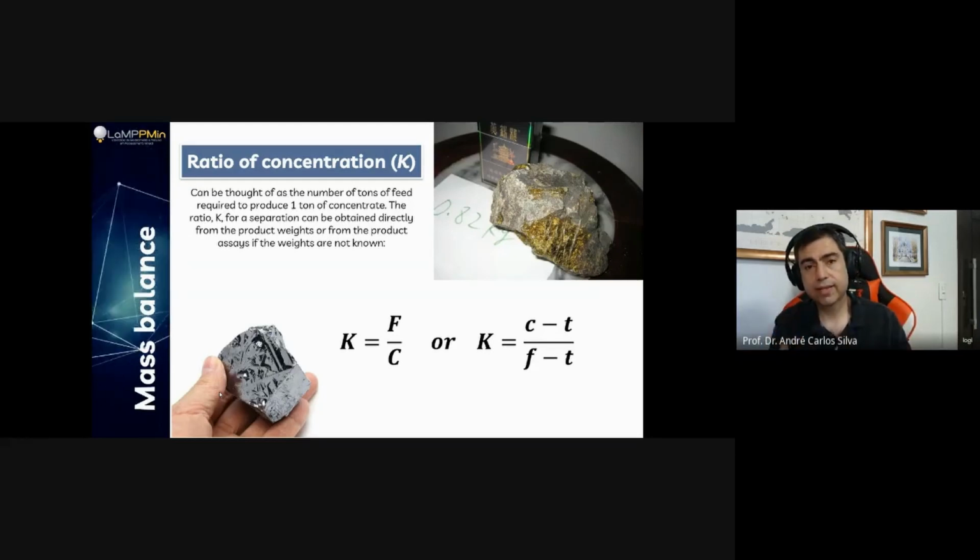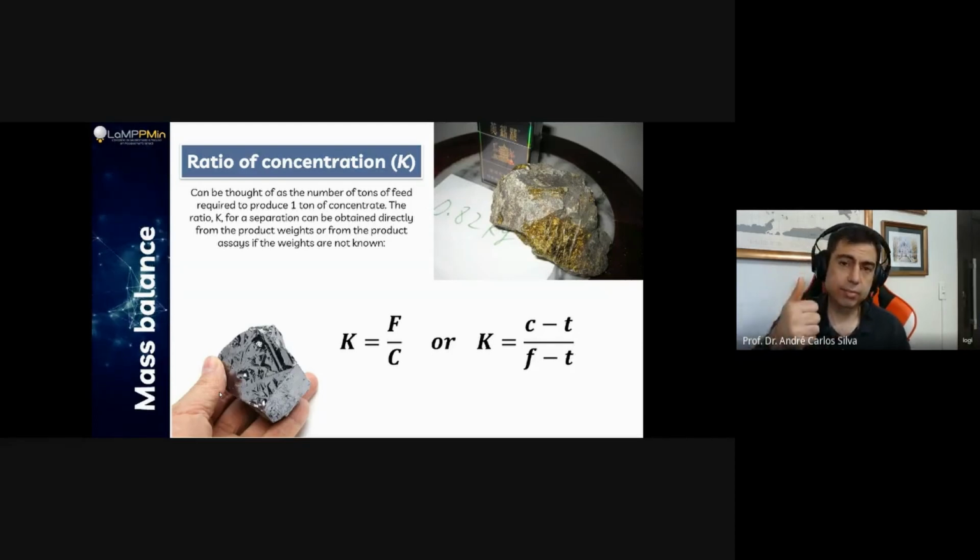You can sell iron ore in at least three ways. You can sell it as lump ore, you can sell it as sinter feed, which is the material that's going to feed a sinter plant, and the sinter product you're going to deliver to the blast furnace. Then you're going to have pig iron coming out of the process.